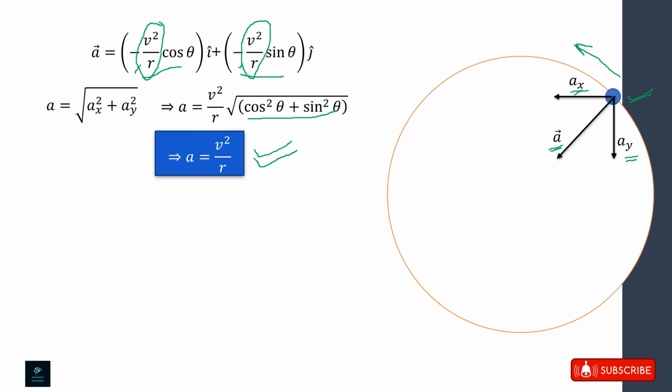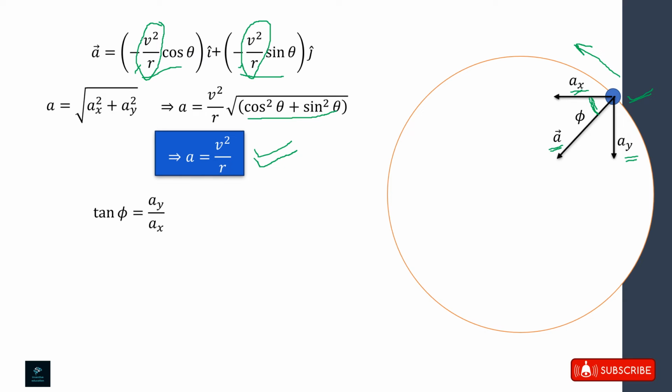Now we will show that this acceleration is directed radially inwards. Suppose that the acceleration vector A is making an angle phi with the horizontal direction. Then tan phi will be ay by ax.